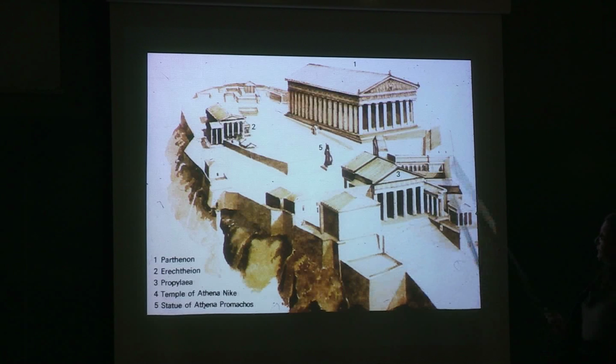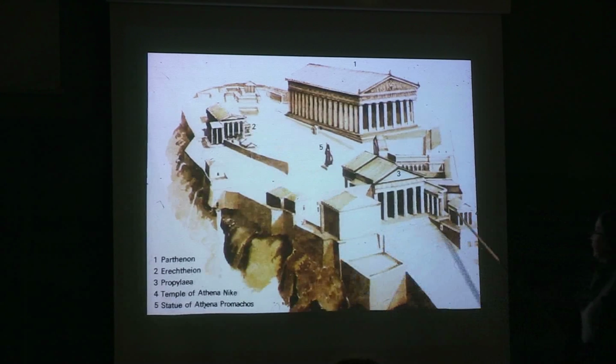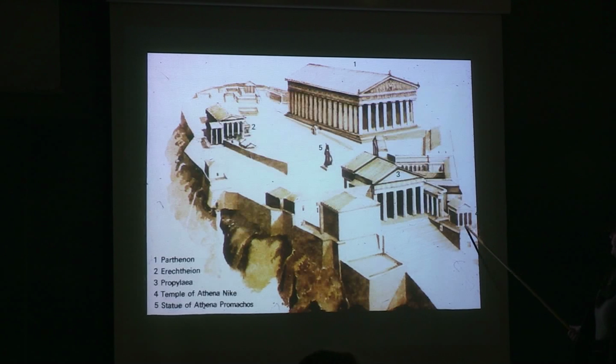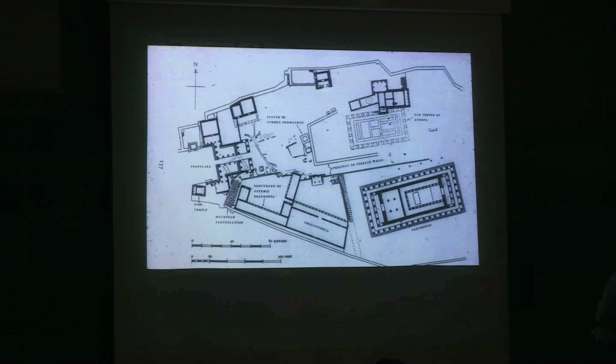There are other buildings on the Acropolis of Athens as well, like the Erechtheion here, and like the temple of Athena Nike. But these in no way compete with the visual and physical impact shared by the Parthenon, the major temple on the Acropolis of Athens.